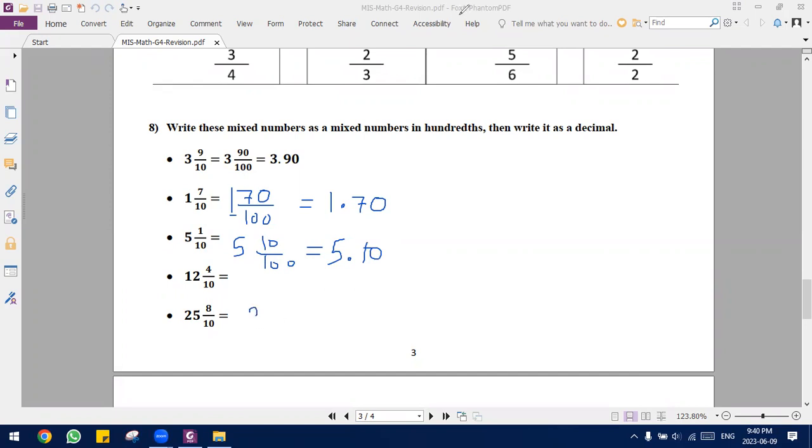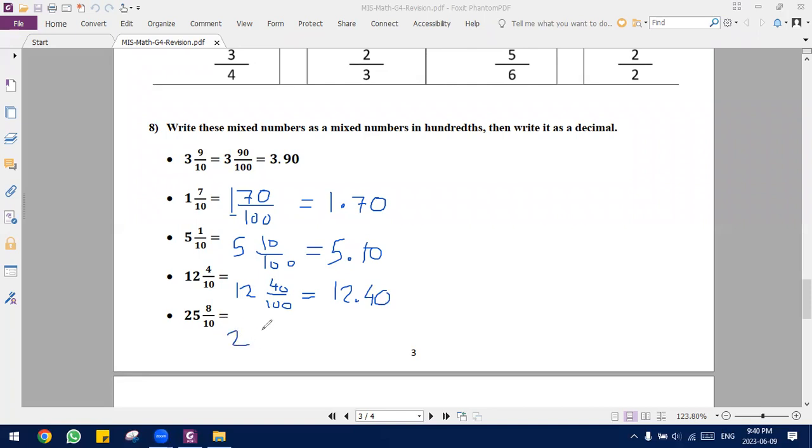Next one, no, sorry, we have 12 and 40 over 100, equal to 12.40.